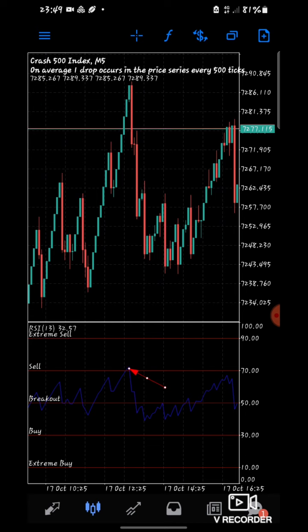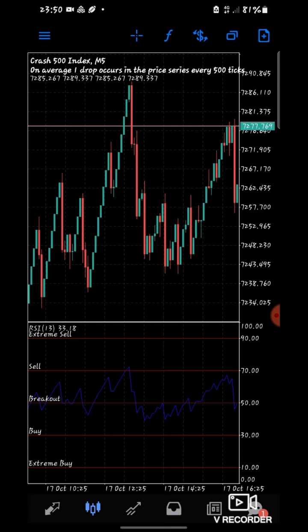Once the RSI has touched the sell line, which is 70, it started spiking, and it approached this level, guys. This is where you should exit the market immediately. You shouldn't allow it to go beyond this line, 50.